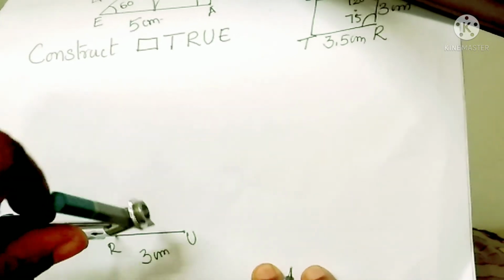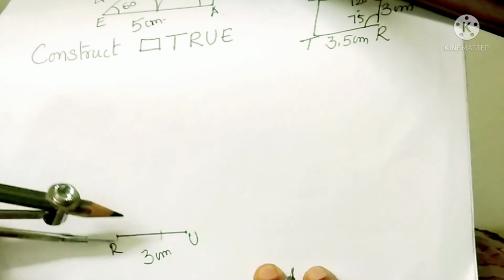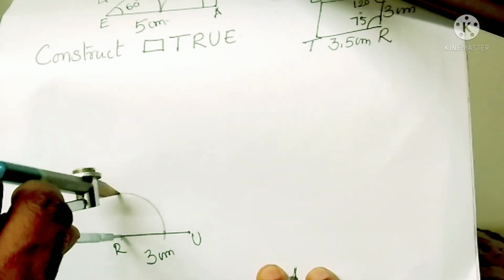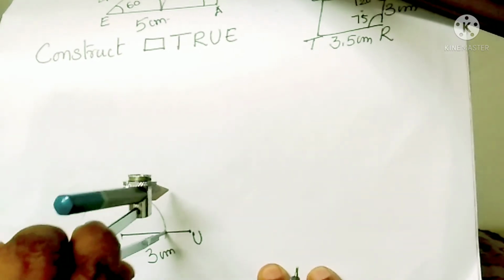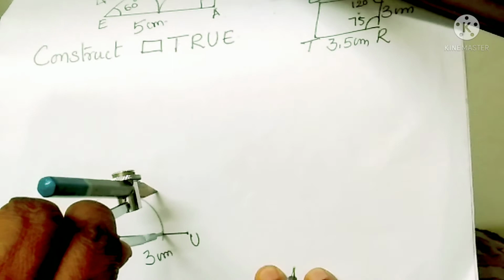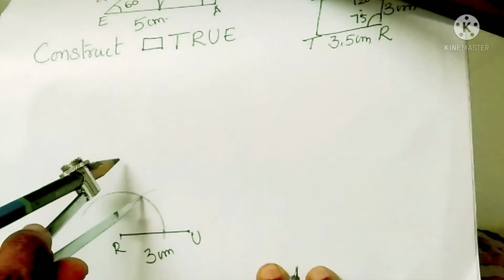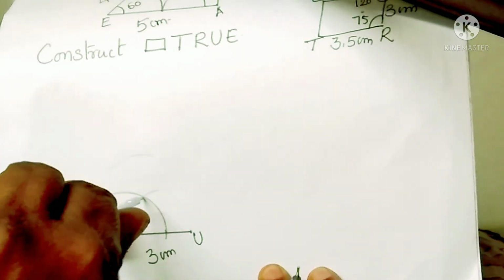So take any measure on the compass and then draw an arc once. So from that point of intersection, from there little longer arc to draw.